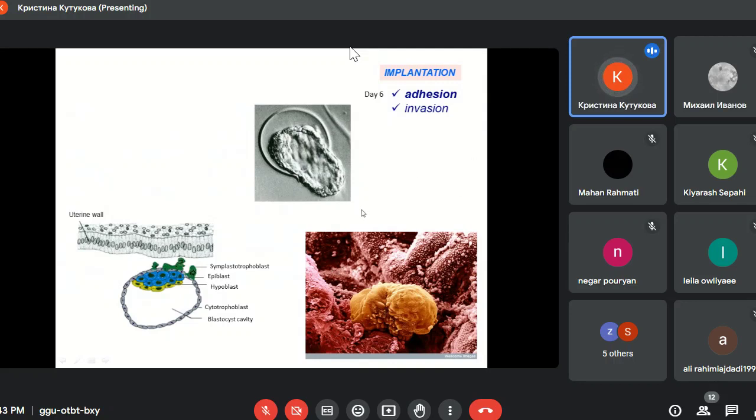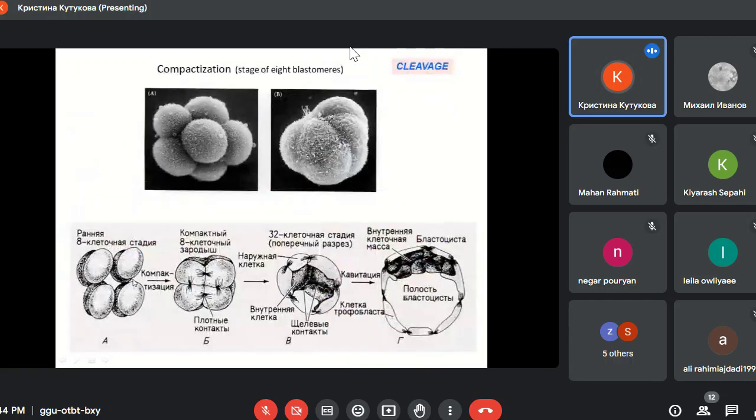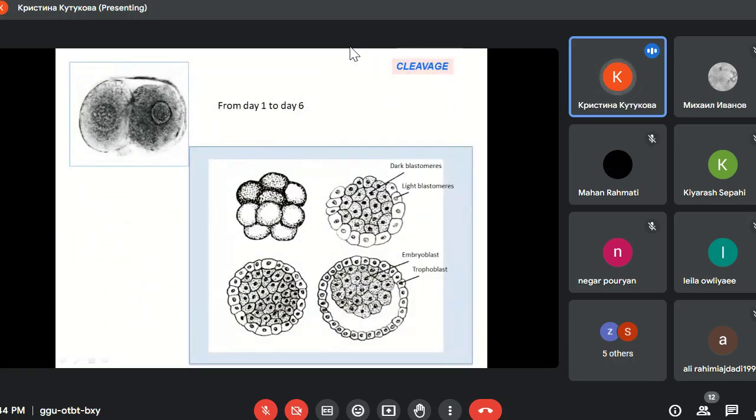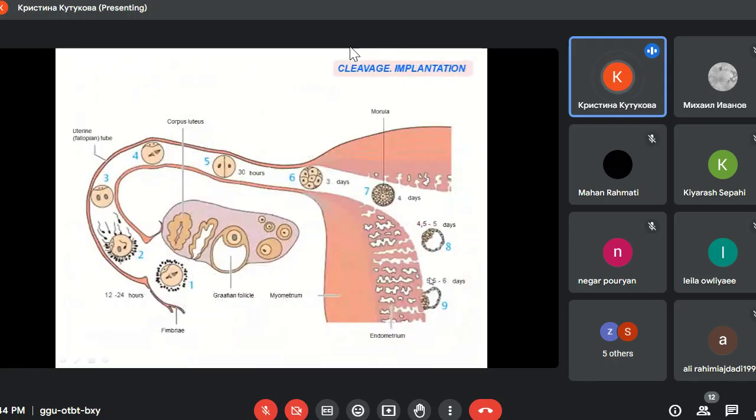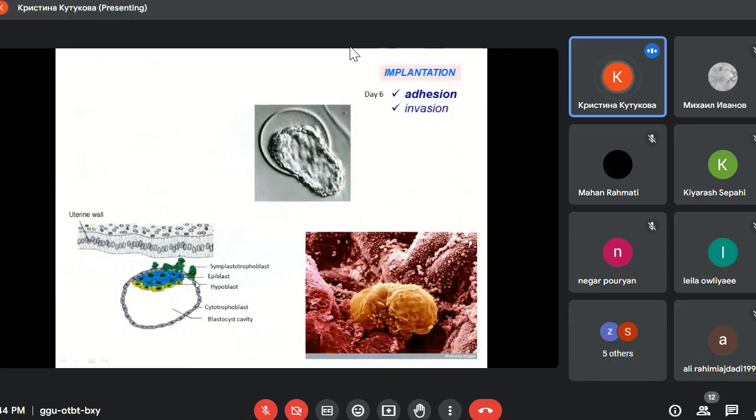It happens with the help of symplast or trophoblast, which develops now. It's the next stage of development of trophoblast. As you remember from this picture, inside we have the embryoblast, outside we have the trophoblast. And by day 6, the trophoblast starts to develop into the next stage, into cytotrophoblast and symplastotrophoblast.